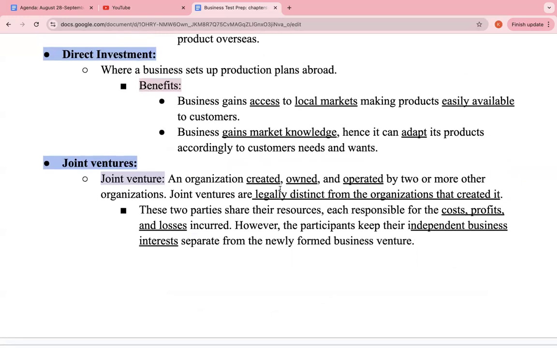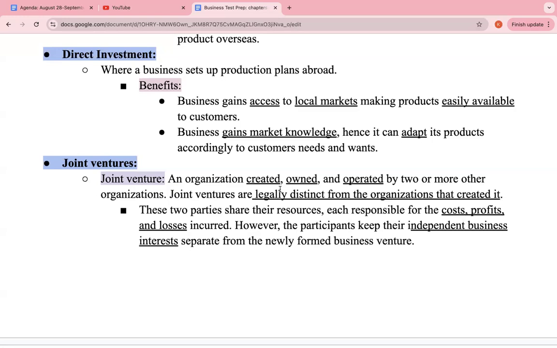And then you have direct investment. Direct investment is where a business sets up production plants abroad. The benefits of direct investment are that businesses gain access to local markets, making products easily available to customers. And the business gains market knowledge because, like I said, each demographic is different. So when it has market knowledge, it sees which marketing strategies are successful with this group of people, with this community, with this population, and then it will use them.